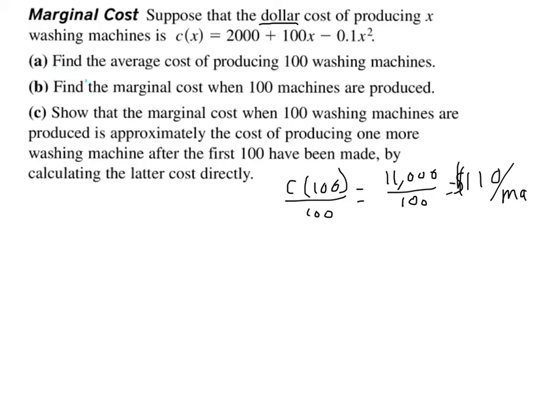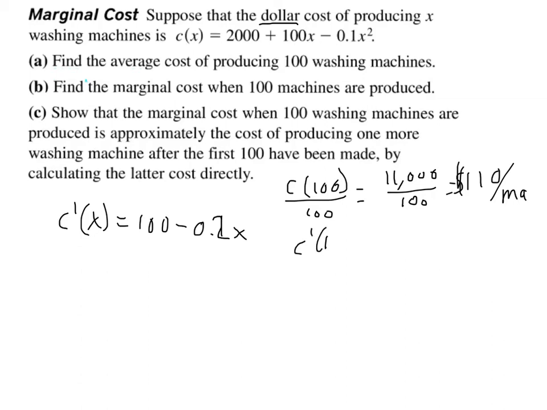So now we need to just take the derivative of this function. So the 2,000 goes away. So C prime of x equals 10 minus 0.1. Oh, sorry, multiply that by 2. 0.2x. Okay, so I'm trying to find that with 100 in here.